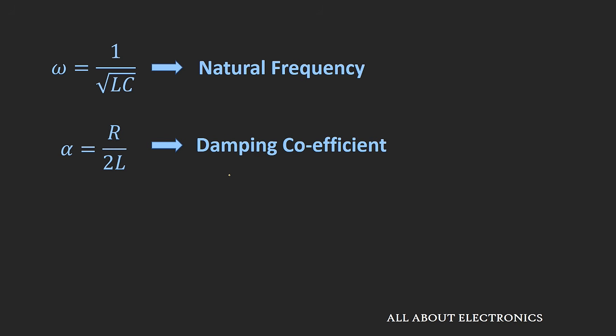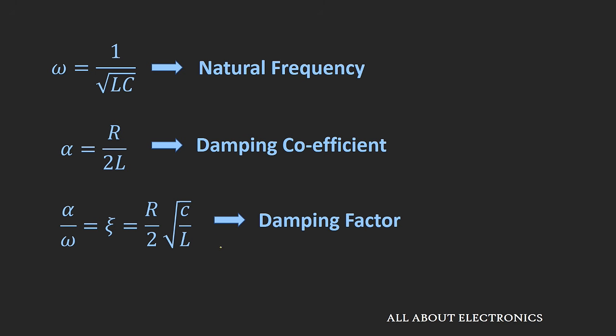Apart from that, the ratio of alpha over omega is known as zeta, and this zeta can be given as R by 2 times the square root of C over L, and this zeta is known as the damping factor of the circuit. So this is basically a normalized damping coefficient. So the value of zeta decides how the circuit responds to different excitations.